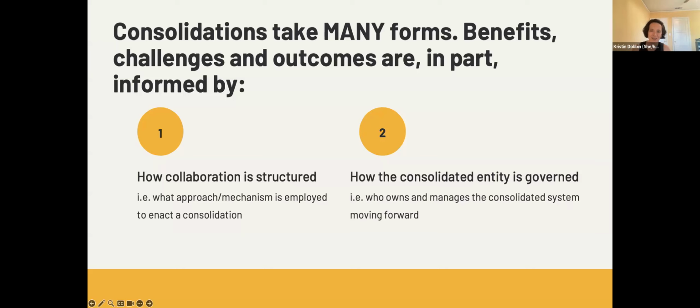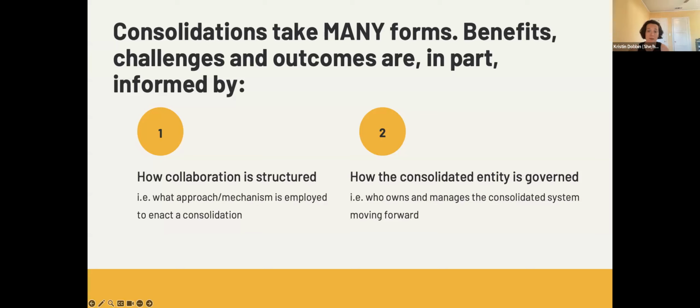So it may seem odd to you that we're asking you to compare alternatives. But I want to emphasize that even when there aren't feasible alternatives to one specific consolidation proposal, it is really important that we understand the benefits, the drawbacks, the challenges of that structure. Understanding the structure and governance and how that informs the project can help us anticipate and deal with challenges.